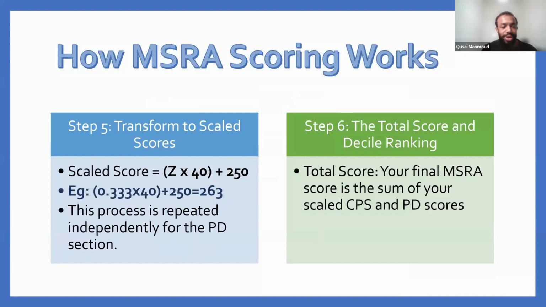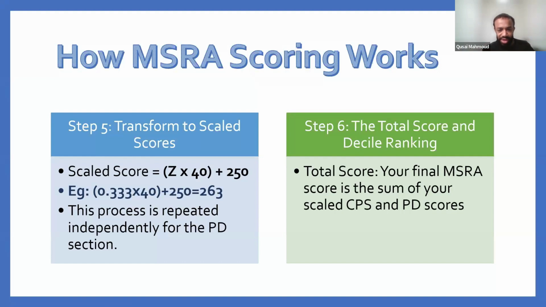So your final score would be your Z score, which was 0.333, 1/3, times the new standard deviation they created, which is 40, plus the average, which is 250. I know that's complicated. Let's repeat that again. My Z score was 1/3. I'm just 1/3 standard deviation above the average.